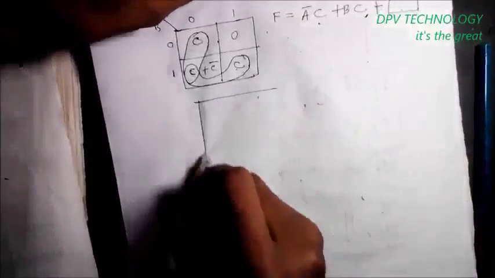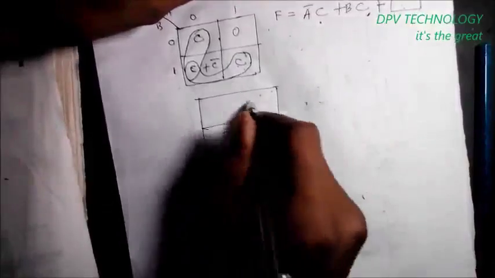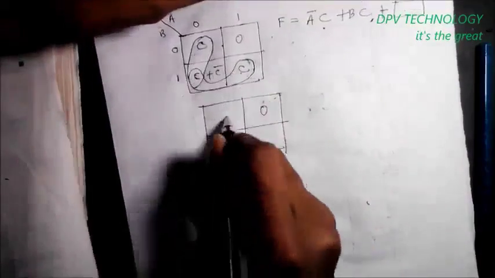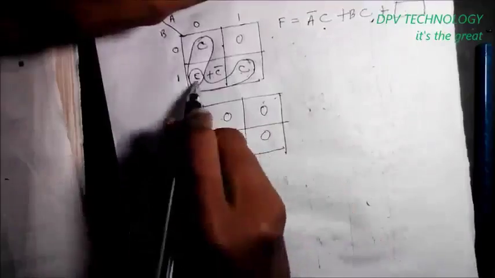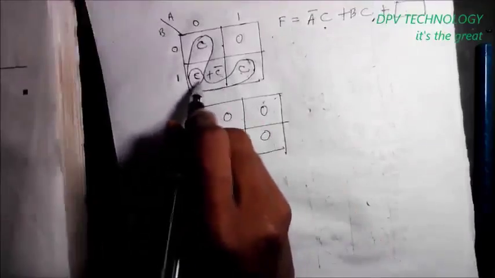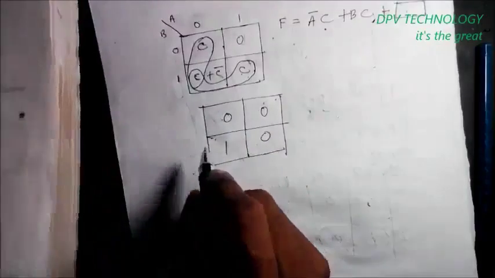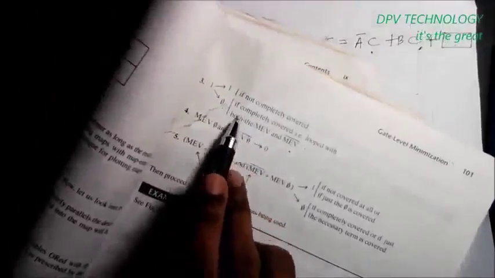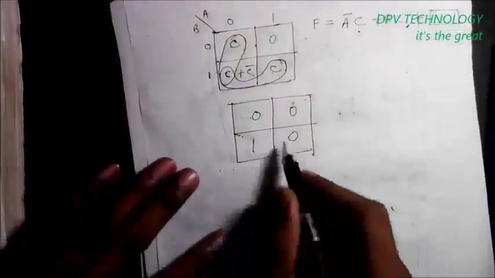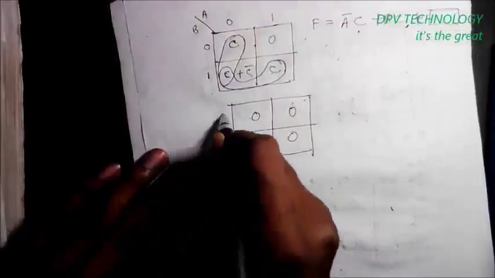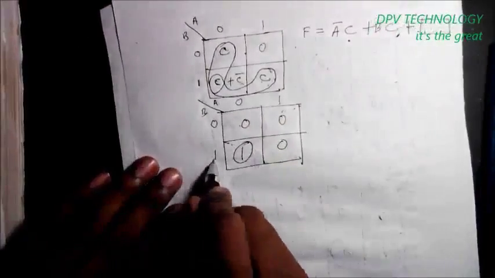So here we have step 2 now. 0, this is 0, this will become also 0. This is not completely covered, so according to rule number 3 in step 2, it will become 1. Here you have this. If not completely covered, it will be 1. Now group this thing. A, B. So here it will be B and A bar or A, B bar. So this is the complete answer.